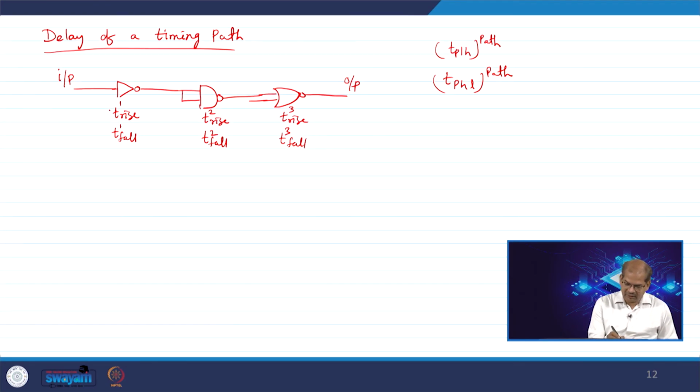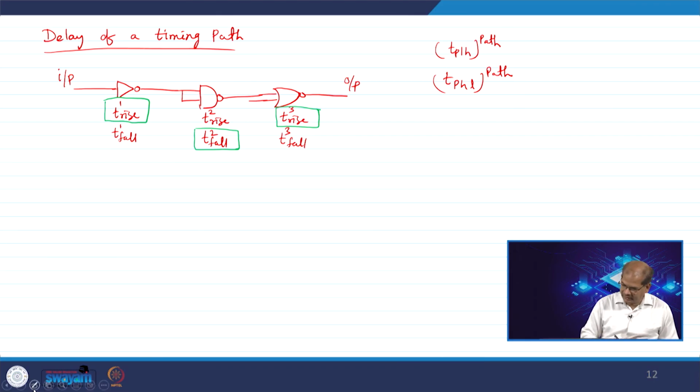So, T rise of 1 will add with T fall of 2 and this will add with T rise of 3. Okay. So, now my output is rising, T rise of 3 means output is rising obviously. So, rising means tPLH of the path.